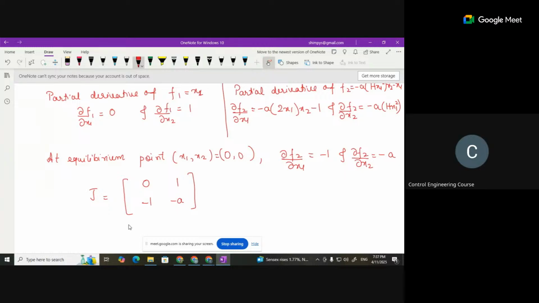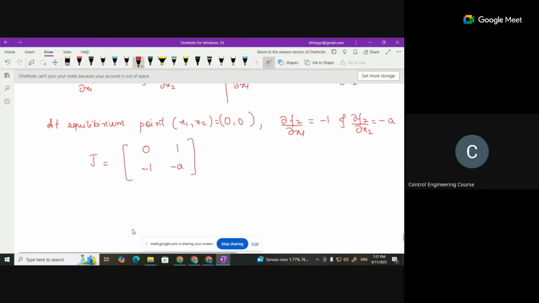So what is the next step then? Now we have this Jacobian matrix, and we have to find the eigenvalues, right? So what will be our next step? We have to form the characteristic polynomial.